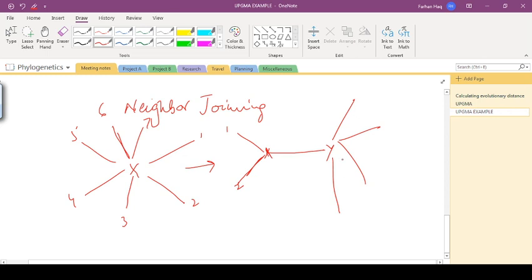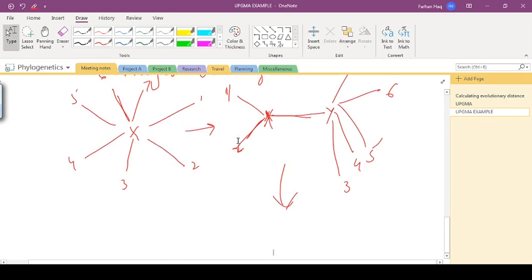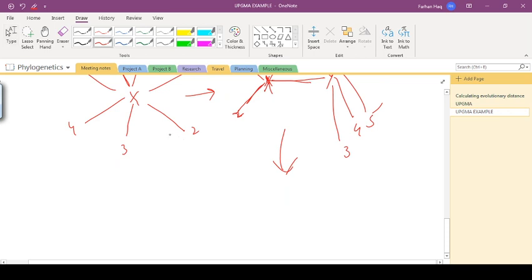For example, here there are 1, 2, 3, 4, 5, and so on up to 7. So now we say that 1 and 2 are closely related, and they are connected through an internal branch and node to the rest of the tree. In the next step, if 3 and 4 are closely related, then it will make another cluster of 3 and 4, and then again join that with the internal branch, and so on. This generates the final tree.